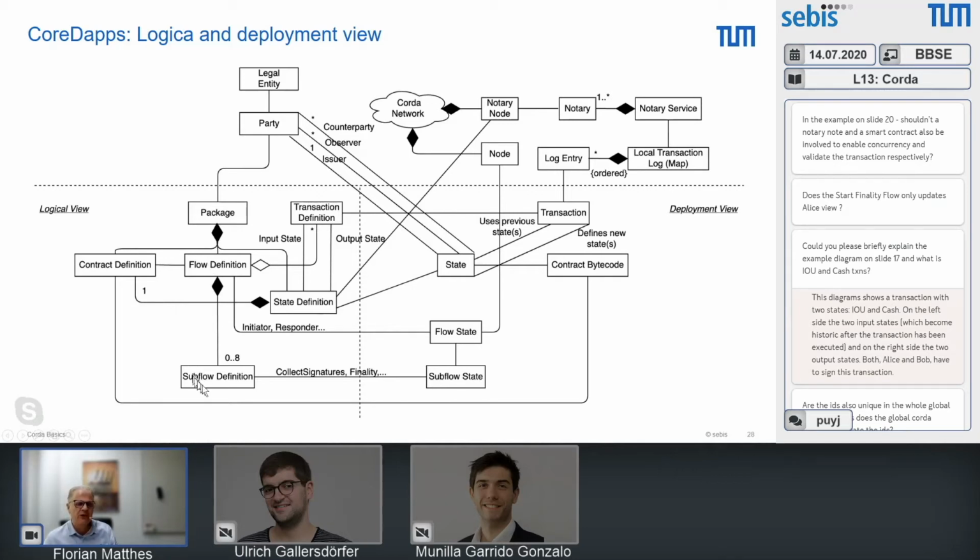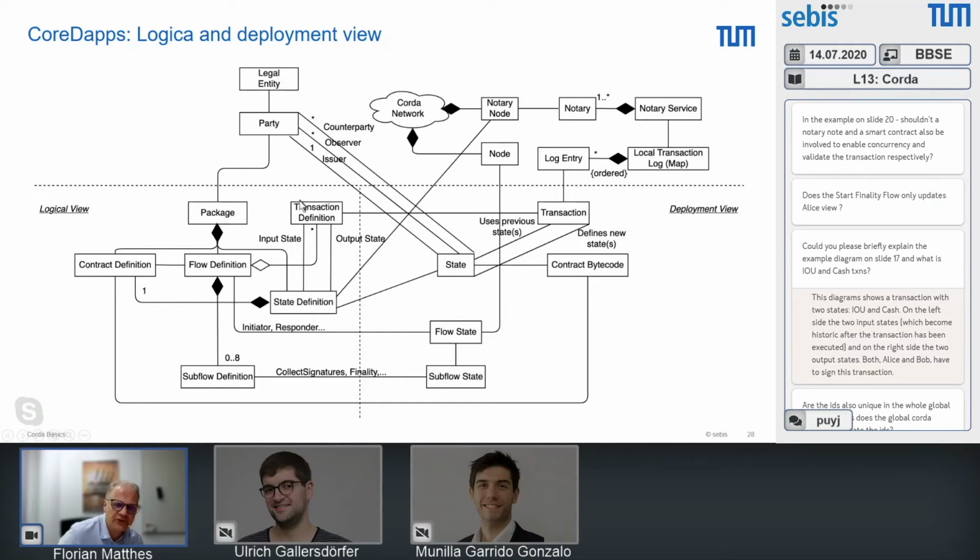And again, this is done by code written in Kotlin. So these packages are Kotlin packages, Kotlin flow definitions, Kotlin subflow definitions, and then the flow definitions themselves refer to transaction definitions, and these transaction definitions refer to input states and output states, which are then transformed by these transactions.